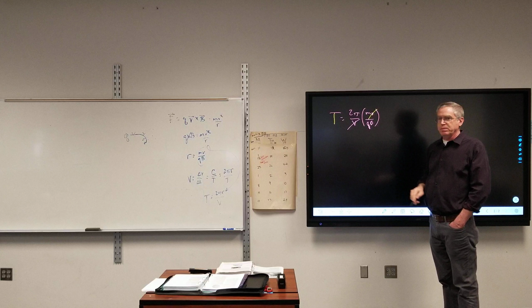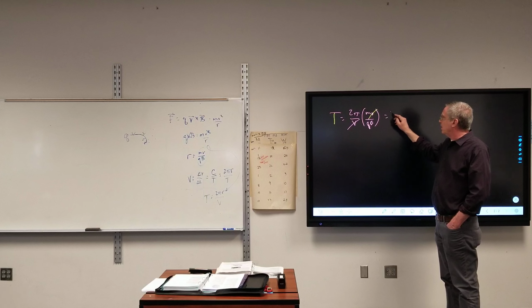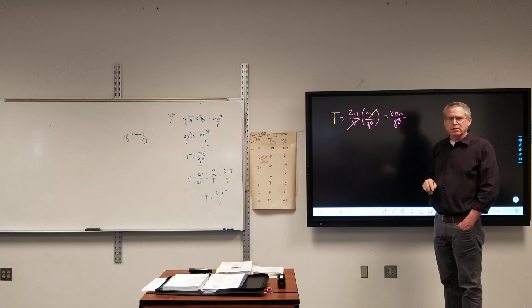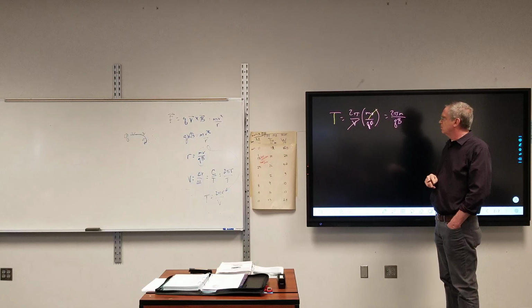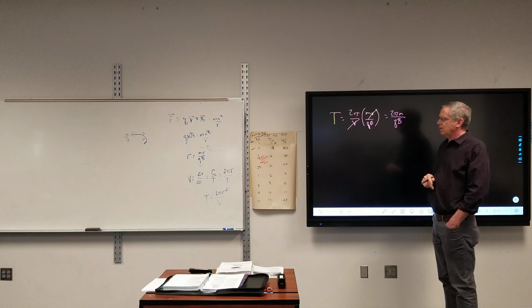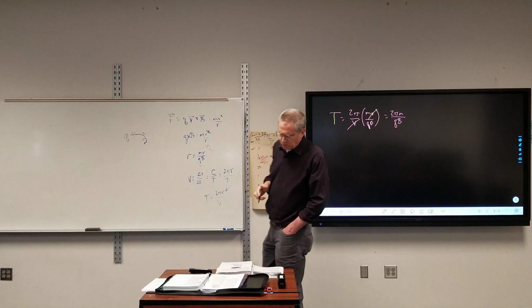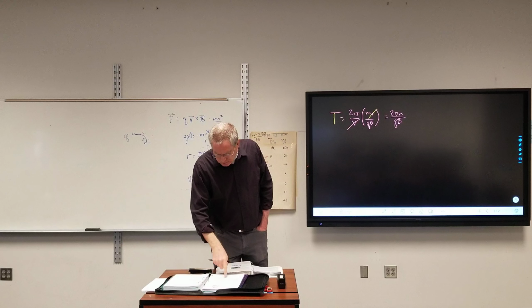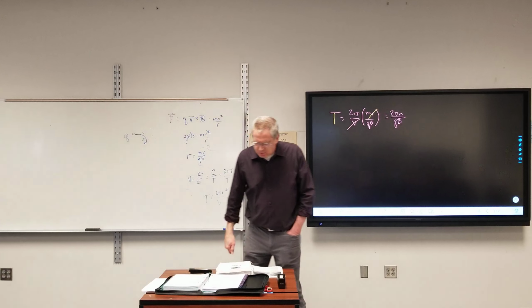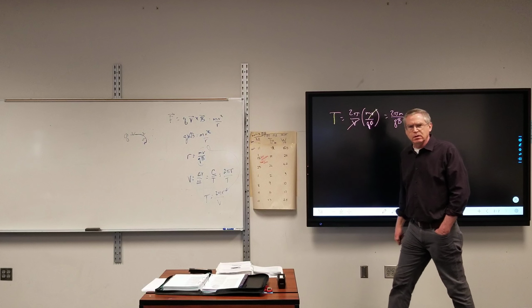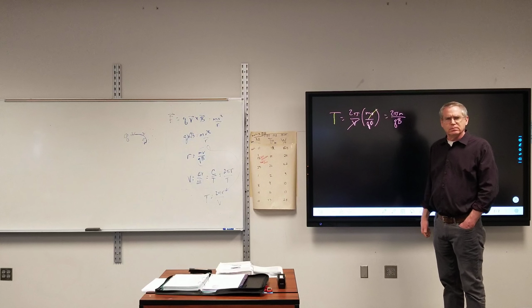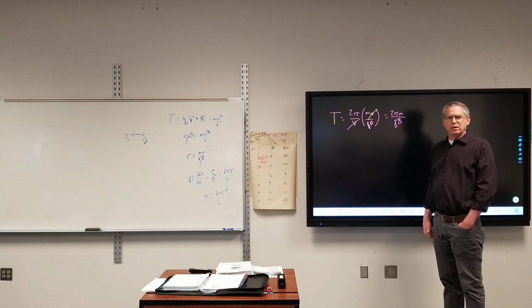The speeds cancel out, and I'm left with 2 pi m over qB. So they equal each other, those equations? The first part of the problem was to show that the period is equal to that. Was there a question? Did I miss your question? No, I got it. Okay.